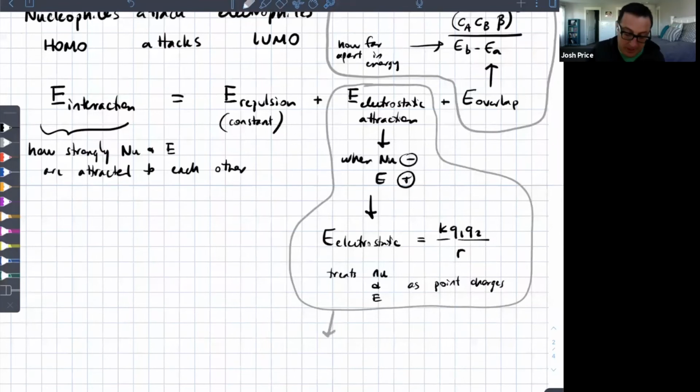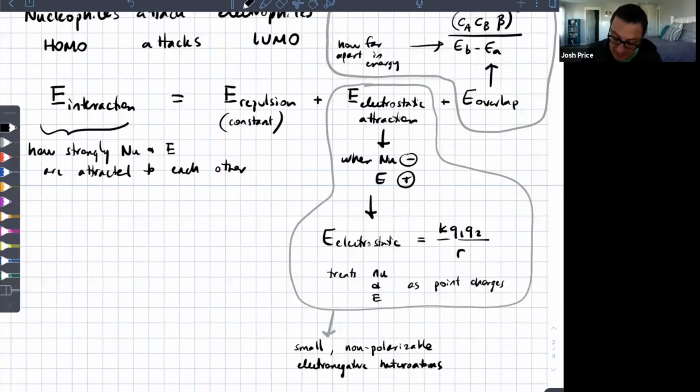Another way of saying this is that nucleophiles and electrophiles that have a high electrostatic term tend to be small. The atom that holds the charge tends to be small. It tends to be not very polarizable. That means it's unable to distort its electron density very much. The atoms that hold the negative charge tend to be electronegative heteroatoms.